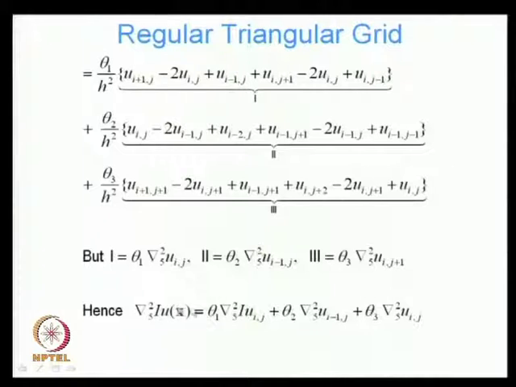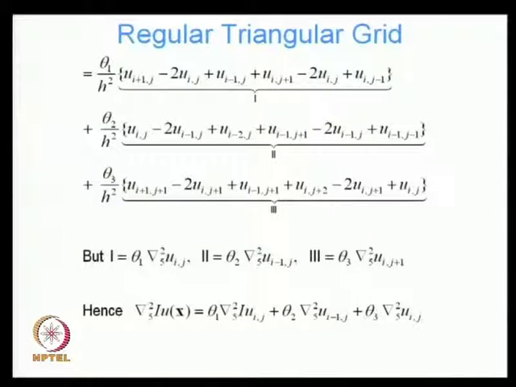So, what do I get? I get del 2 5 I u at x, the Laplacian evaluated at x, is equal to theta 1 times the Laplacian evaluated at I j plus theta 2 times the Laplacian evaluated at I minus 1 j plus theta 3 times the Laplacian evaluated at I j plus 1, right.